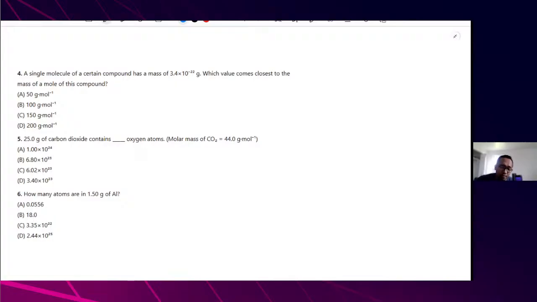Okay, the key concepts are kind of the same. Remember, the molar mass is simply the mass times Avogadro's number. So we just need to plug in.